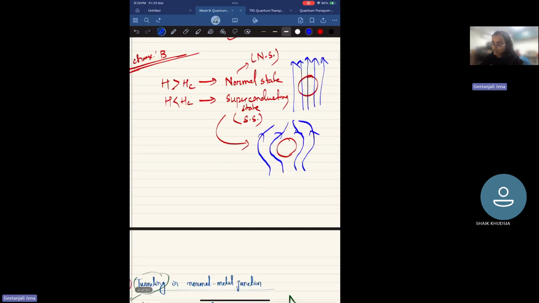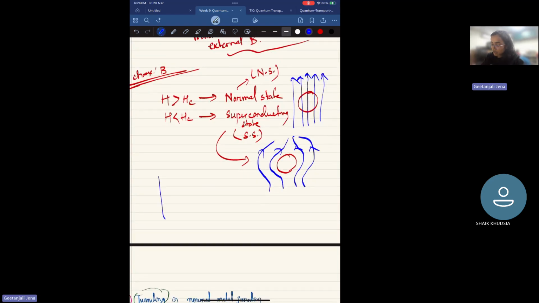Okay. And the relation, if you recall, you must have seen a graph. This critical magnetic field also depends on the temperature. So it's not a constant value for different temperatures. If you change the temperature, then the critical magnetic field will also change. And the relation is somewhat like this. So for Tc, because it is already at the critical temperature, we don't need any magnetic field.